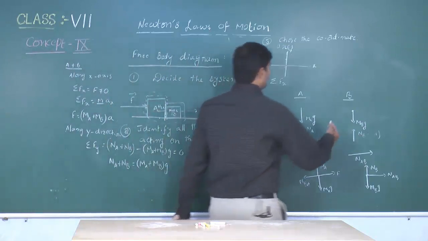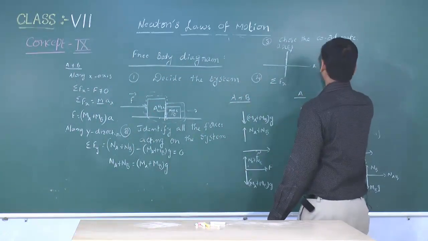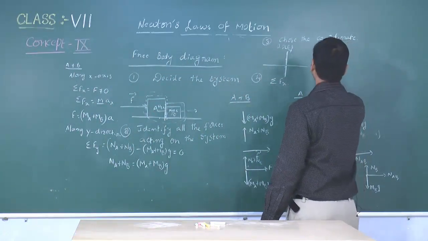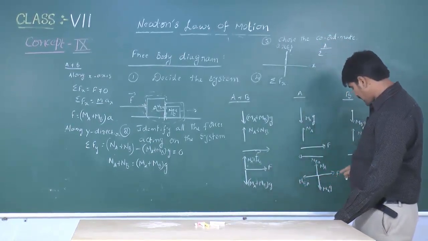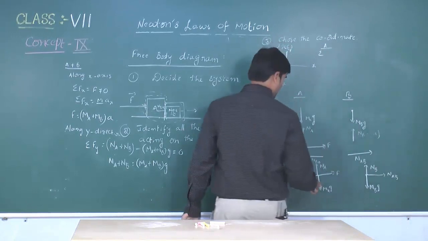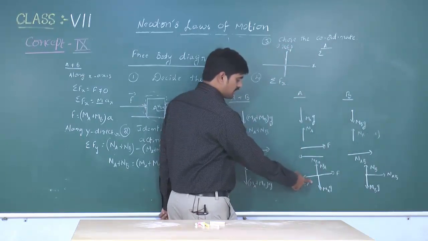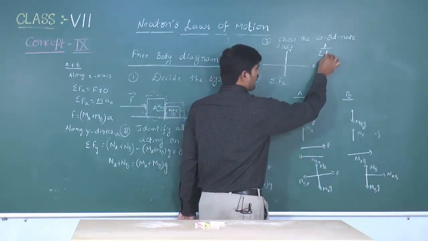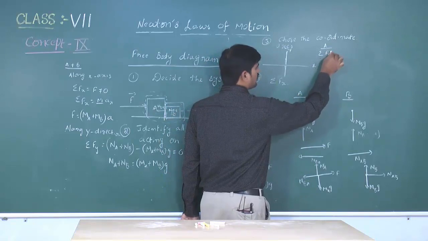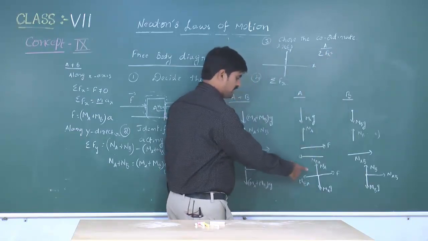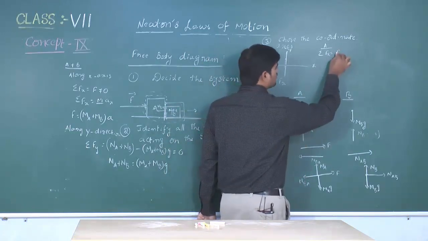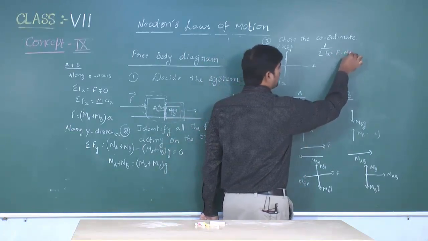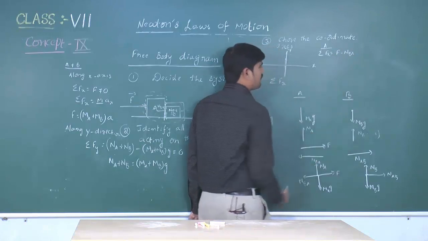Similarly, for the system A, what are the forces acting along x direction? Sigma Fx is equal to F minus NBA.